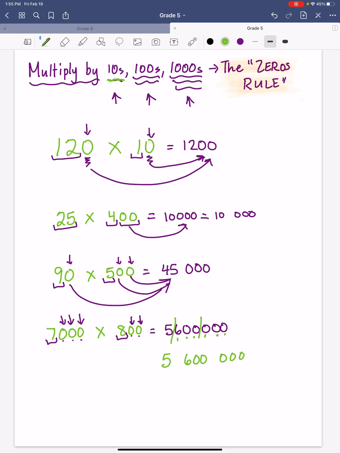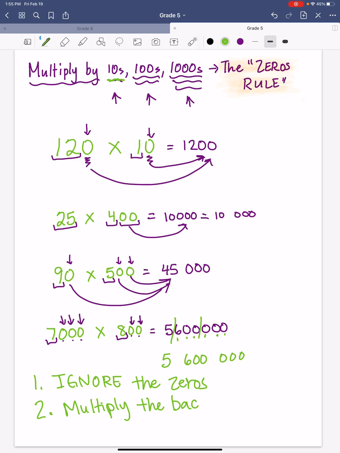So this zeros rule, you guys, is so easy. You just ignore the zeros, right? That's step number 1: ignore the zeros. And step number 2 is multiply the basic facts, right?